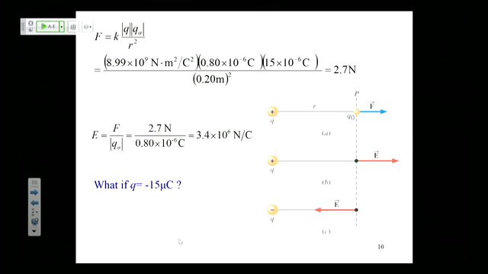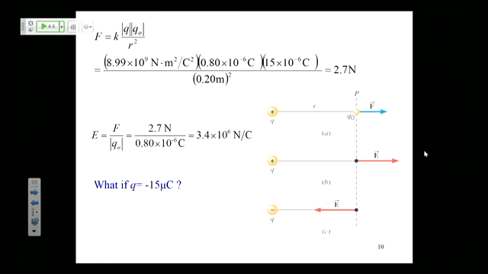And the direction of E is the same direction as the force because the charge Q, which is the source of the field, is positive. Therefore, the direction of the force and the direction of the field are parallel. They are the same direction.